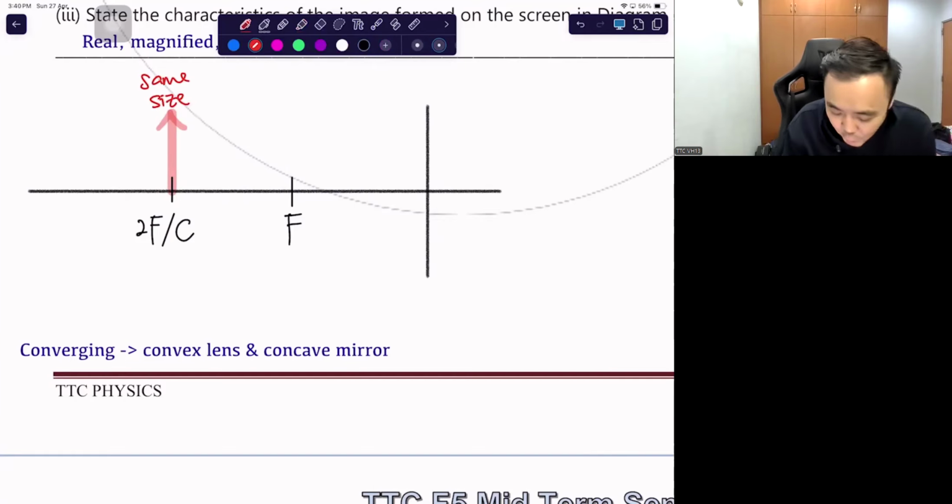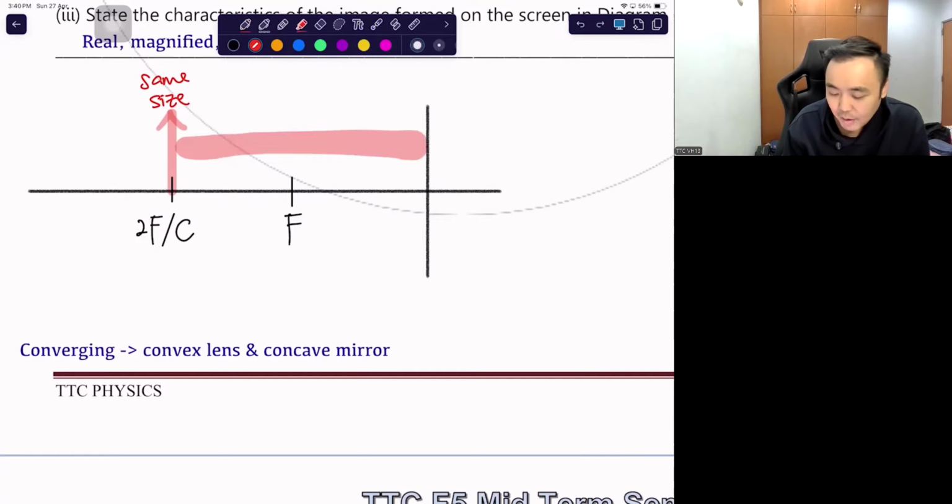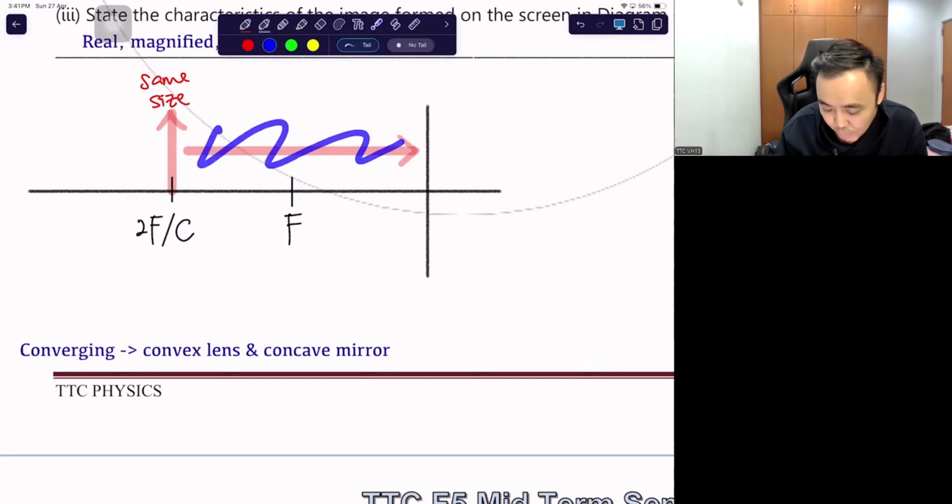If you put your object anywhere closer than 2F or C, in this region here, then the image will be magnified.